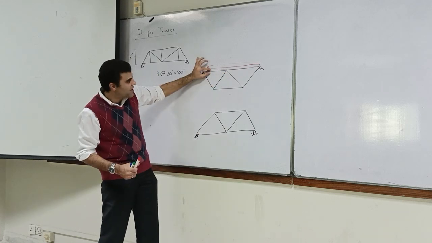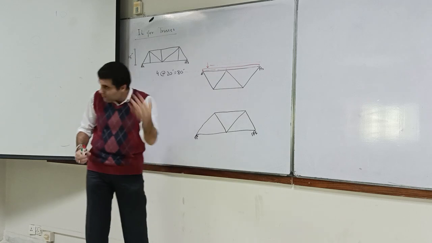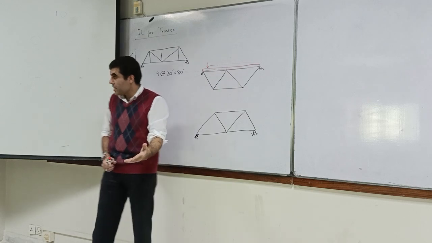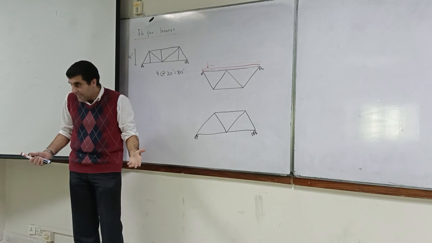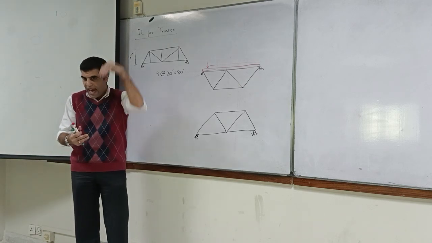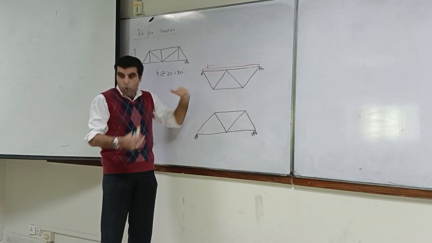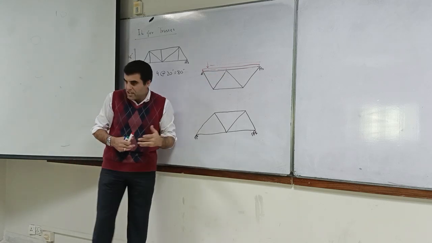If I join this beam with these members also, then UDL will start getting transferred to my truss, which I don't want. A truss can't take UDL. It can take loads at the joints, and as a result, the load is then transferred through axial load.